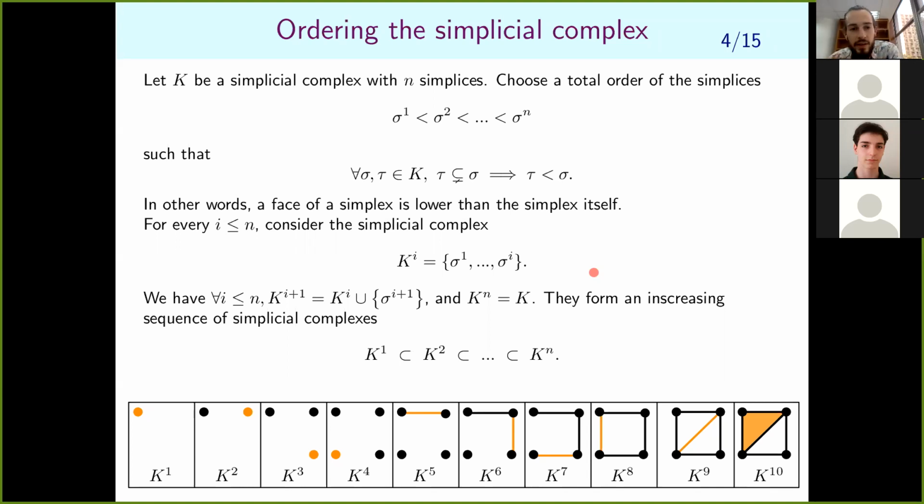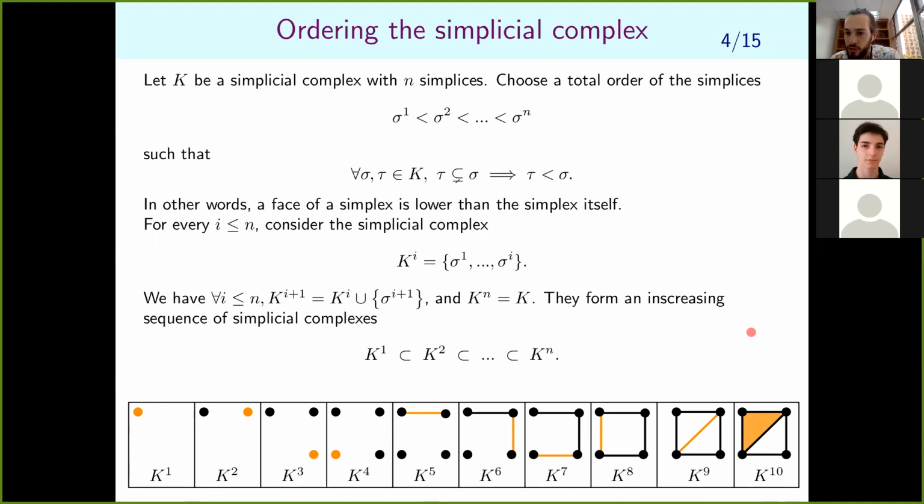We will see with persistent homology next week that the ordering of the simplices is important. But for today, choose any ordering. And so, yeah, this was the example I gave. I just add every vertex one by one, and then the edges, and then the unique triangle. And we're done.